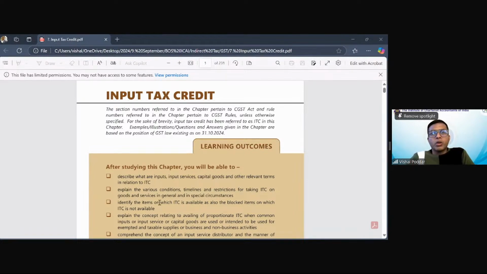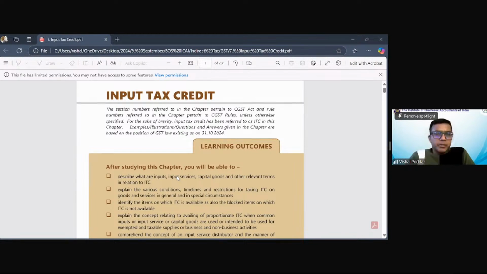Because this particular topic has a lot of issues, different types of disputes, different types of difference of opinion. That is why this particular topic has gained a lot of importance in our curriculum as well. Now, let us understand, students, what this topic is dealing with.